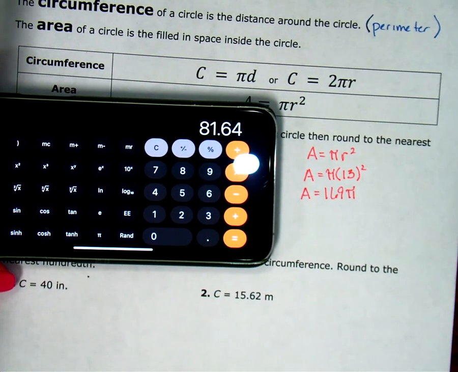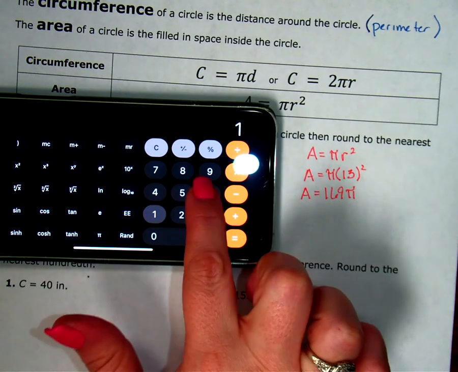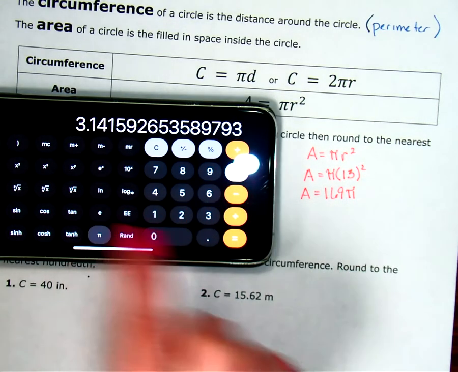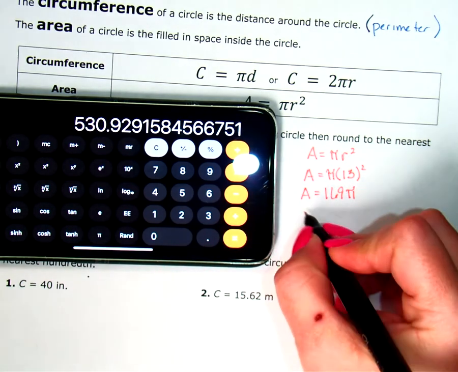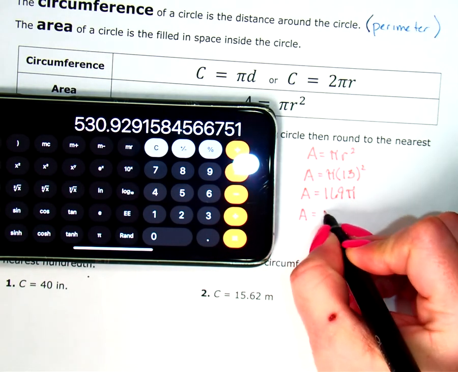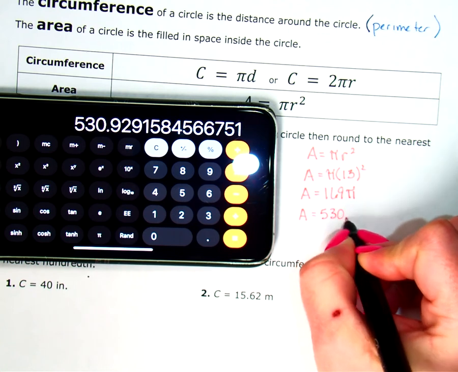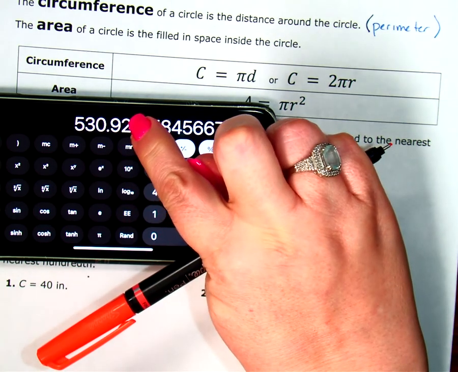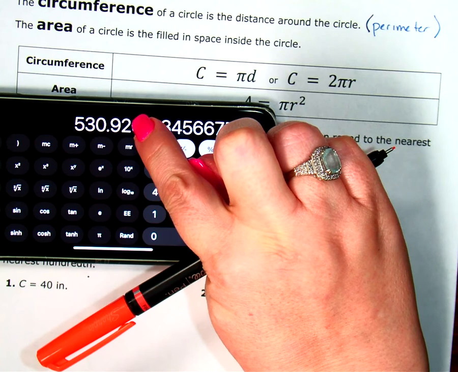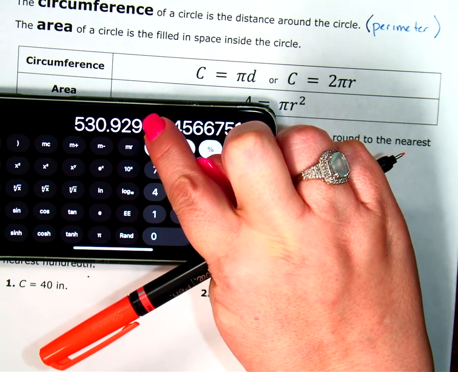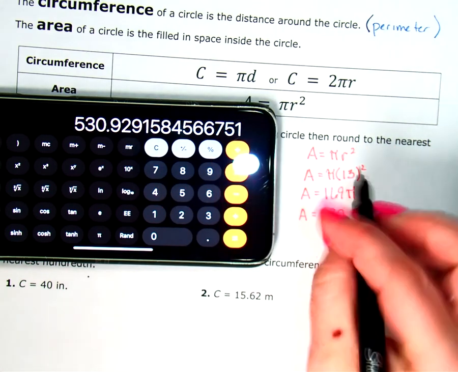I can use my pi button, so I'm going to clear out my old answer and I'm going to do 169 times the pi button, and I get area equals 530.92, but then after the 2 is a 9, so I'm going to bump that up to a 3, so 0.93.